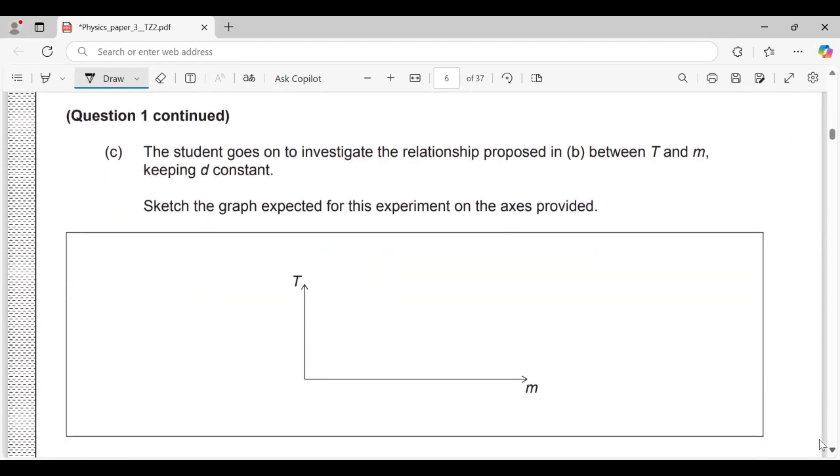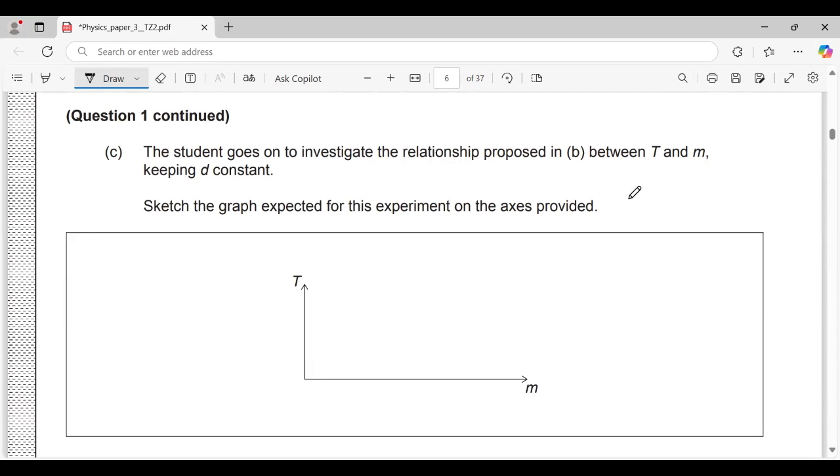The student goes on to investigate the relationship proposed in B between T and m, keeping d constant. Sketch the graph expected for this experiment on the axis provided. Right.